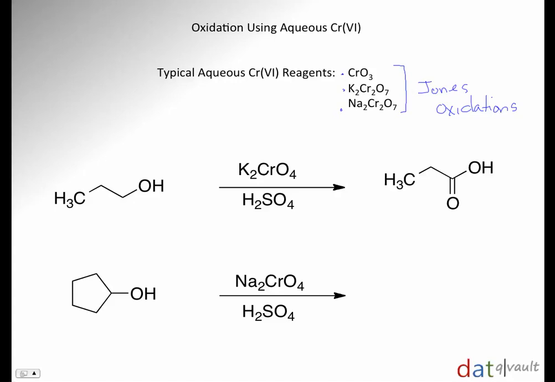Very important. If we do the same reaction with a secondary alcohol, we will oxidize it up to the ketone. Notice we cannot oxidize a ketone any further because there are no other hydrogens to replace with a carbon-oxygen bond.